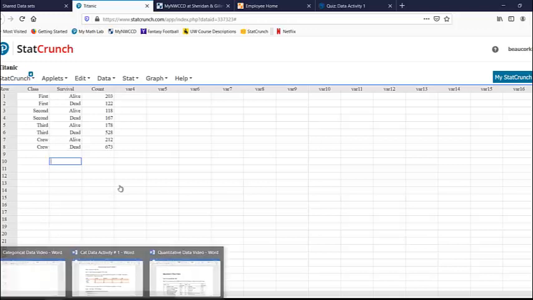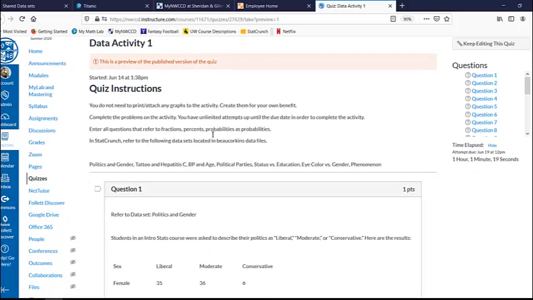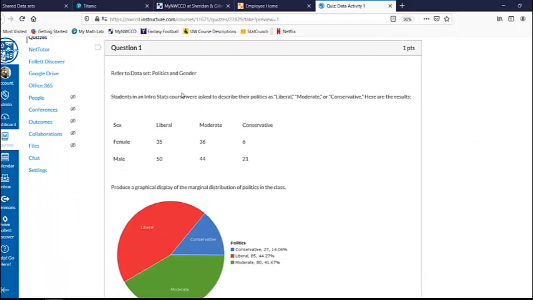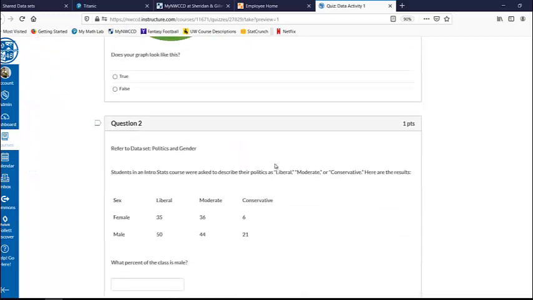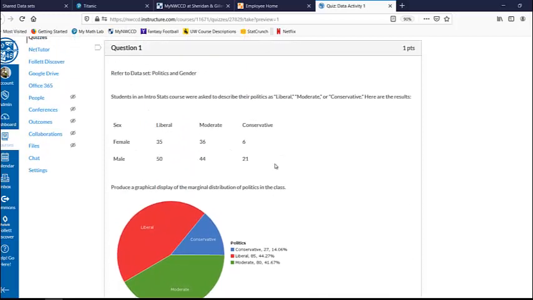And actually, I want to look at the data activity number 1. So the first data activity refers to the politics and gender data set. And a lot of these questions are true-false questions, and I just want to make sure that everyone is getting a good start in creating these problems.